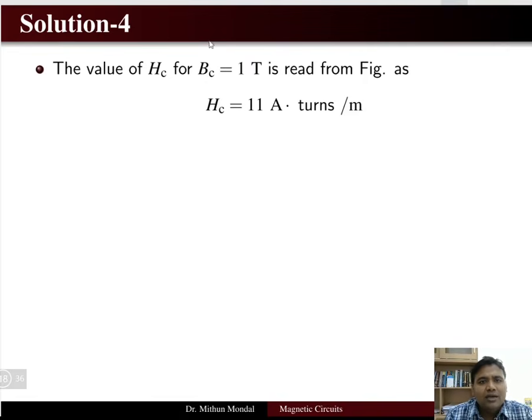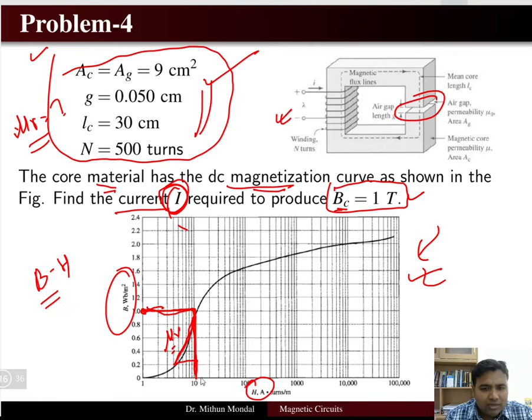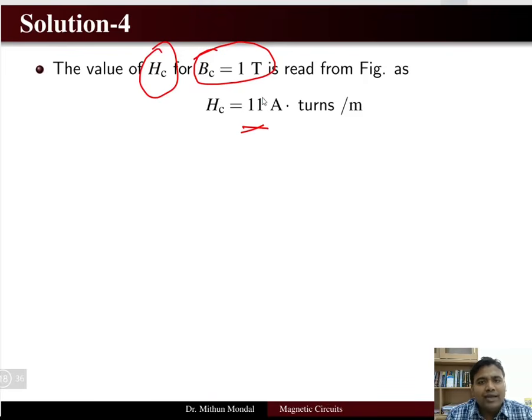Here the value of Hc for a magnetic flux density of 1 Tesla, coming from the graph, is 11 ampere turns per meter. That is what I told you. Corresponding to 1 Tesla of flux density, you get around 11 ampere turns per meter.